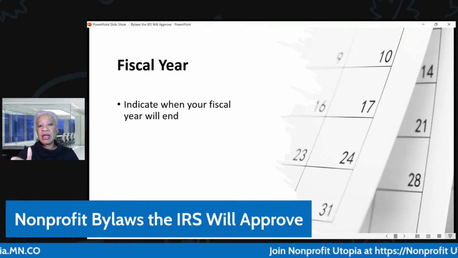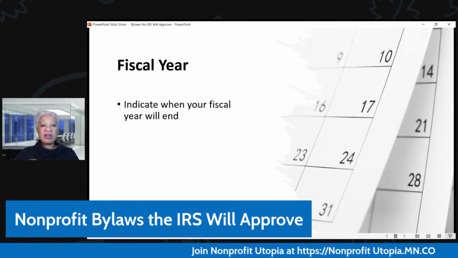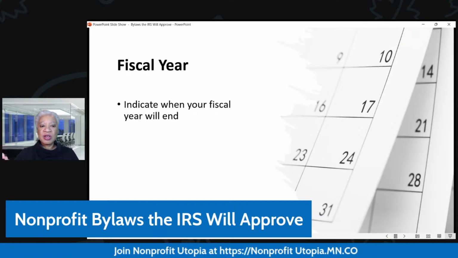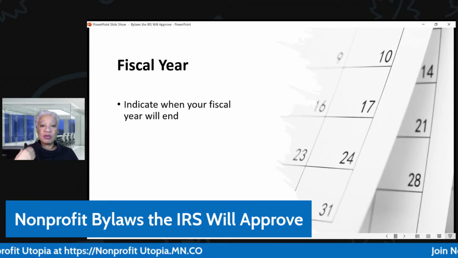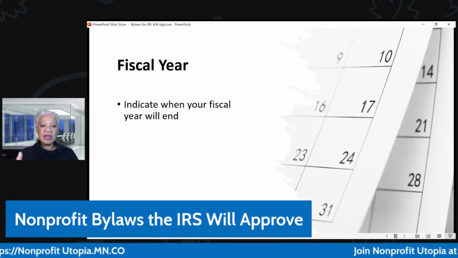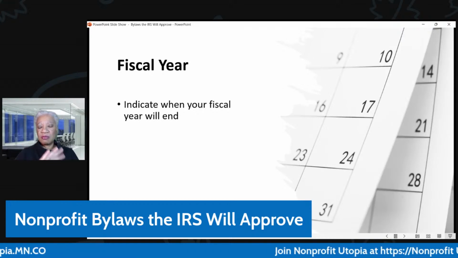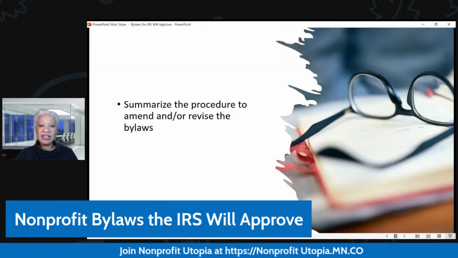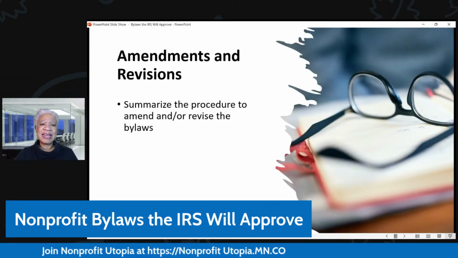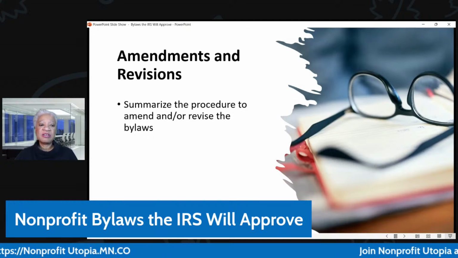And from that point forward, you're going to have a year-end close for closing your books on the 30th, whatever that fiscal year is. And you'll also do the same for your 990. At the end of your fiscal year, you have 5.5 months to file your Form 990.